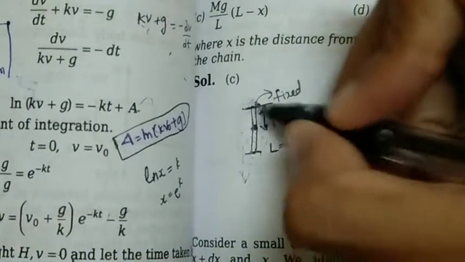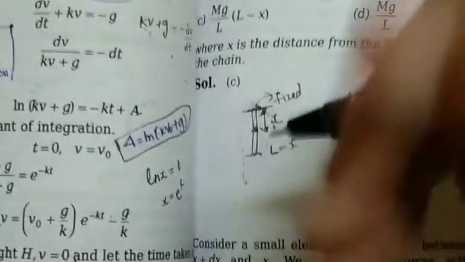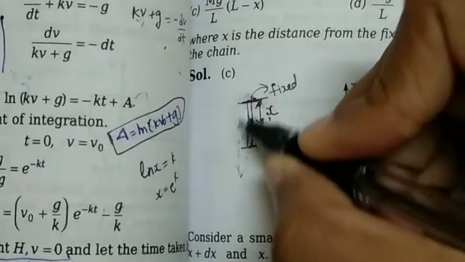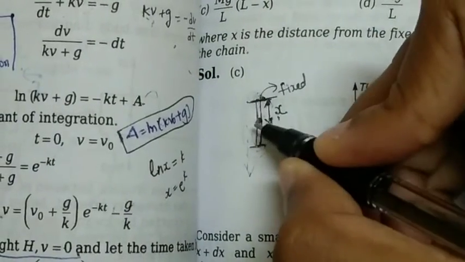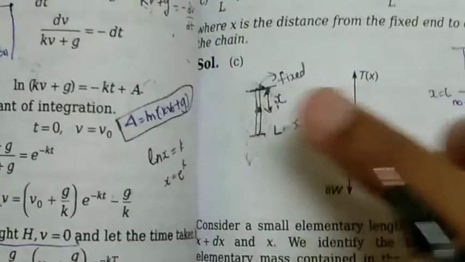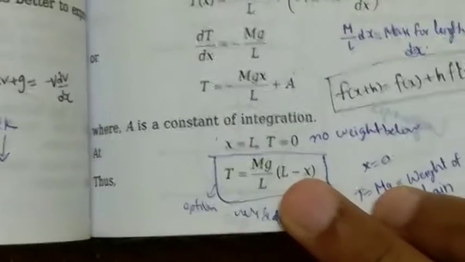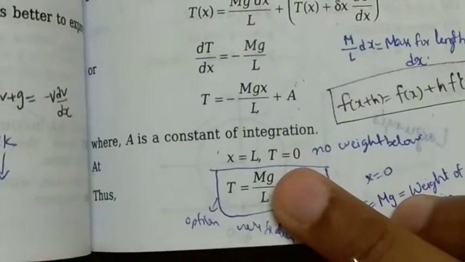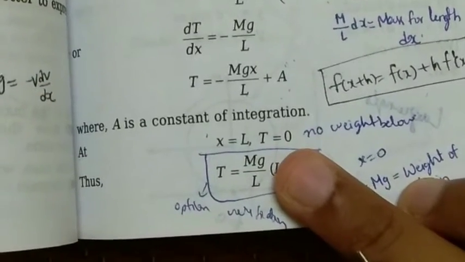It has to hold the entire mass of the chain, and because of that it would have tension. The entire mass has weight, that is nothing but capital Mg. So in this formula, if you substitute x equals 0, L over L would cancel, and T is Mg. So tension is equal to Mg at the fixed end of the chain.